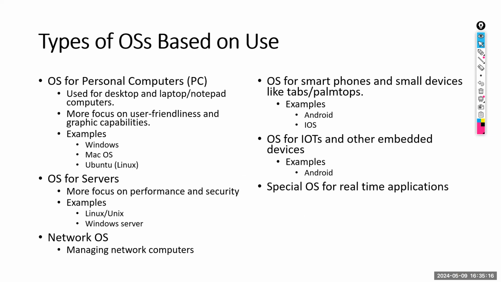Right. So now let's look at the types of operating systems based on usage. Because we can categorize operating systems in different ways, like operating systems belonging to X company, Y company, Z company, and so on. So this is a classification of OSs based on use.